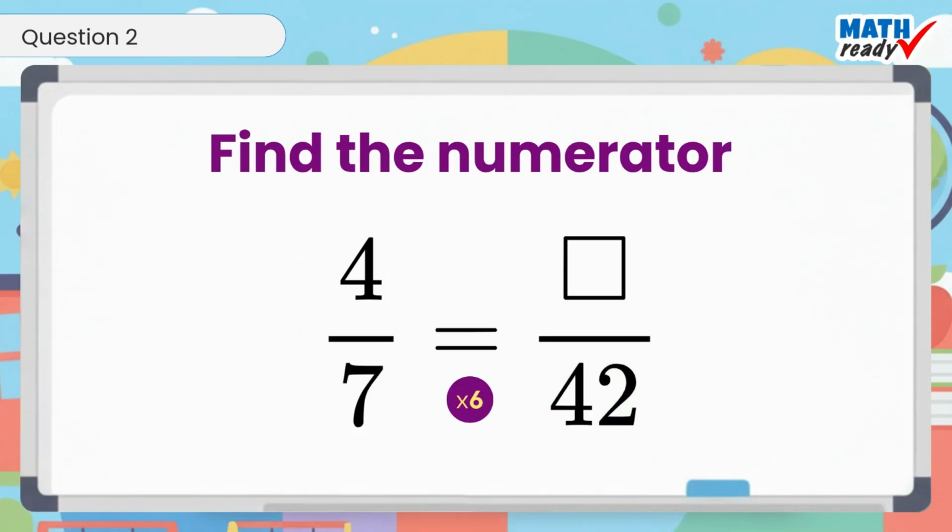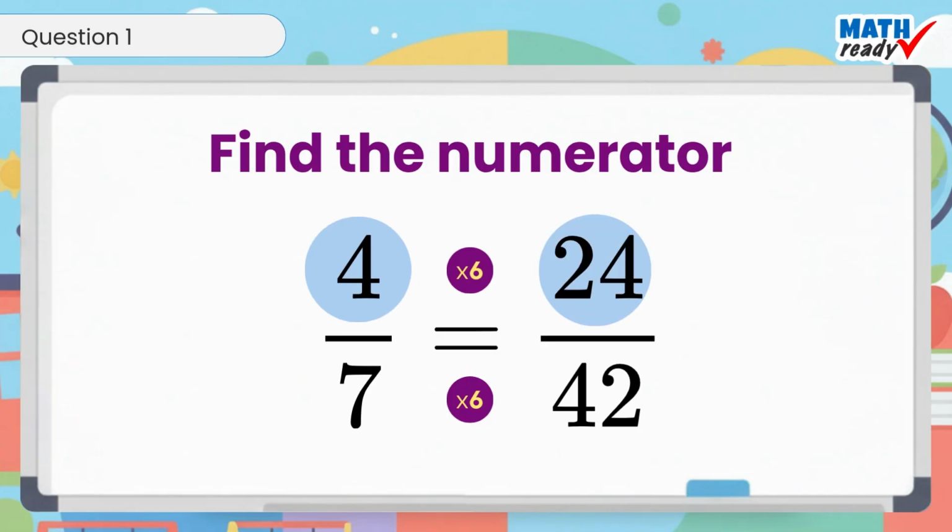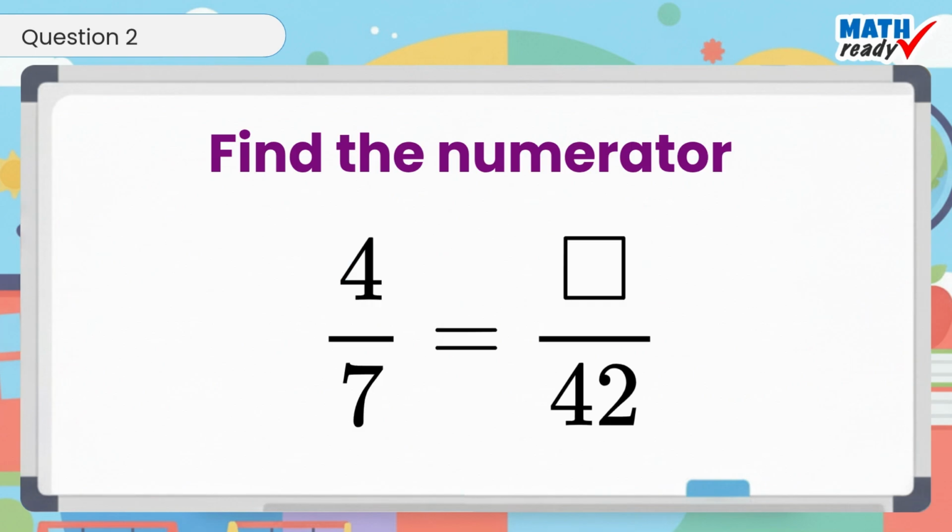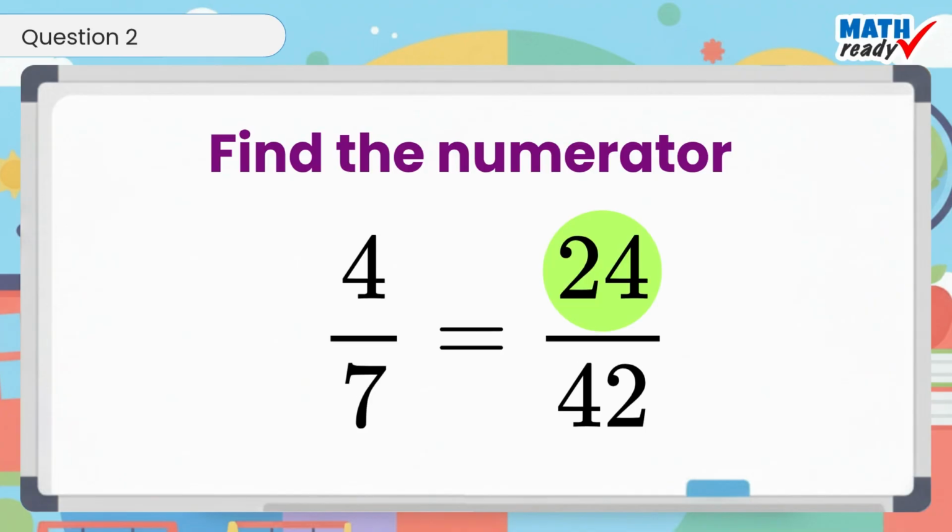For both of our fractions to remain equivalent, we also need to multiply our first numerator by 6. In this case, 4 multiplied by 6 gives us 24, which is our missing numerator. So, 4 over 7 is equivalent to 24 over 42.